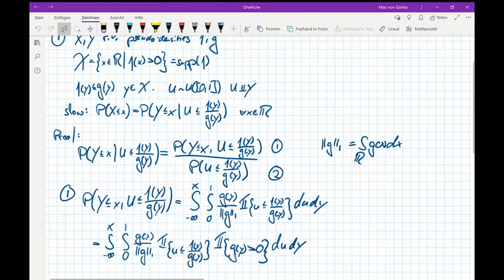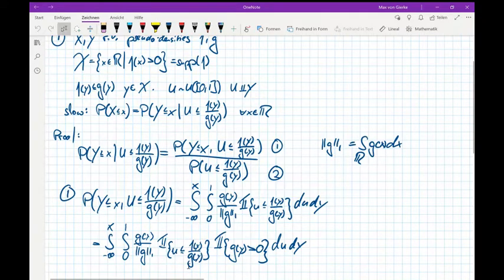Well, if g is bigger than 0, when is this fraction bigger than 1? So when is this the case? It's the case when fy is bigger than gy. But the thing is, gy is bigger than 0, and fy has to be bigger than 0 for this to be bigger than 1, and oh no, yeah, no, I spoiled it.